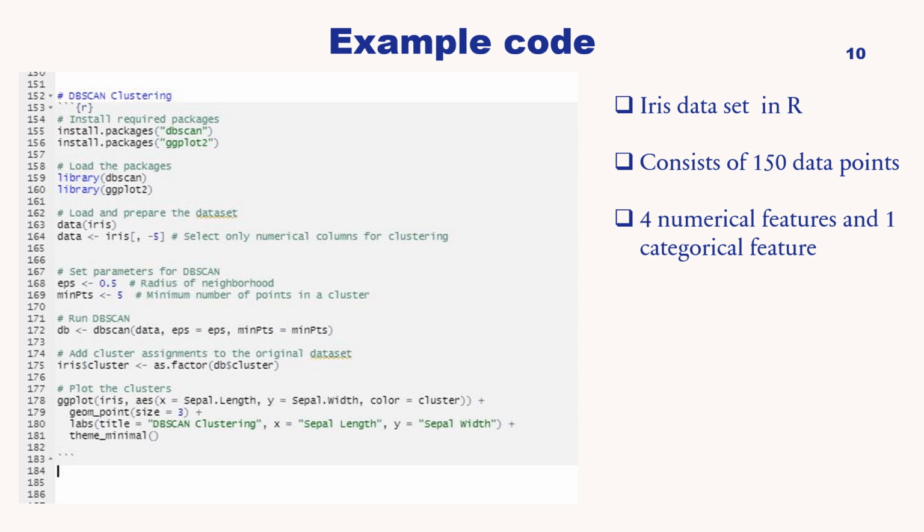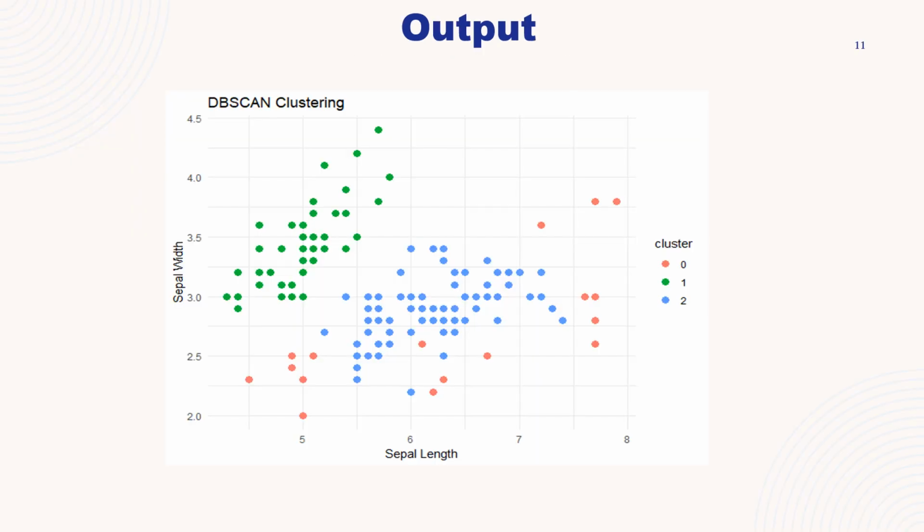Now, as I said, the parameters epsilon and main points are user specified. So in my code, I specified the epsilon parameter, that's the radius, and then I specified the minimum number of points in the cluster, that's 5. And then I run my DBSCAN. So let's take a look at the output.